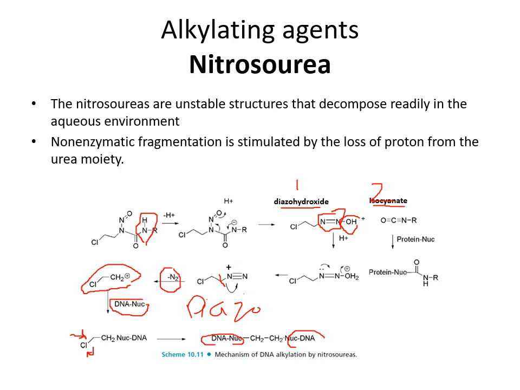So the important thing I want you to know is that your nitrosourea compound decomposes at physiological pH to give two compounds, diazo hydroxide and isocyanate. The one that's important is diazo hydroxide. It decomposes further spontaneously to lose a water molecule, leaving behind the diazo or diazonium species that has a positive charge.